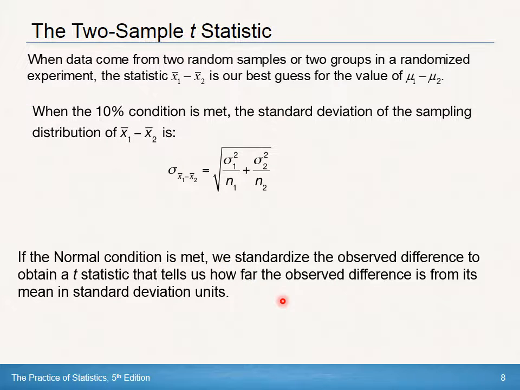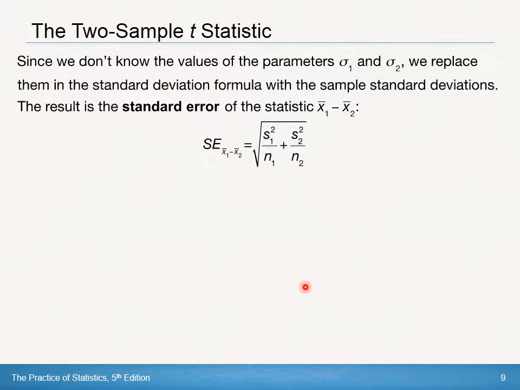And if the normal condition is met, we standardize the observed difference to obtain a t test statistic that tells us how far the observed difference is from its mean in standard deviation units. Remember, back in the last chapters when we were working with population mean, we used a t-test. Since we don't know the values of the parameters sigma sub 1 and sigma sub 2, we replace them in the standard deviation formula with the sample standard deviations.